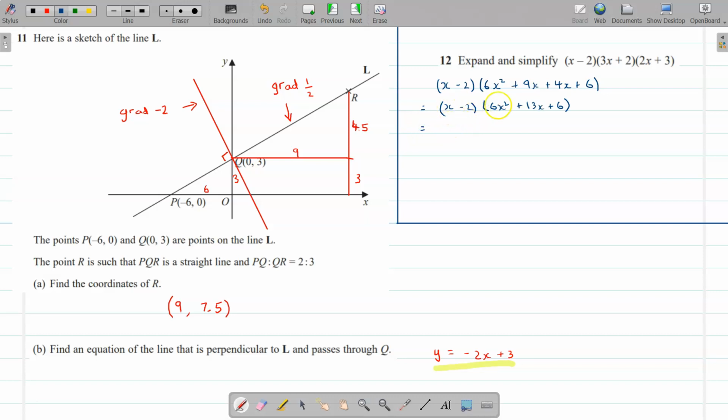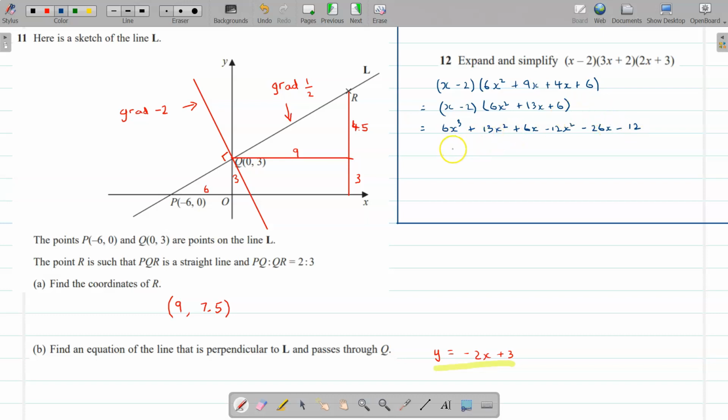So we're going to have basically all of these times by x, which are going to be 6x cubed plus 13x squared plus 6x, and then the same 3 terms multiplied by minus 2 instead. So we're having minus 12x squared, minus 26x, and minus 12.